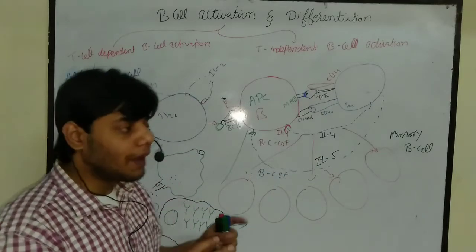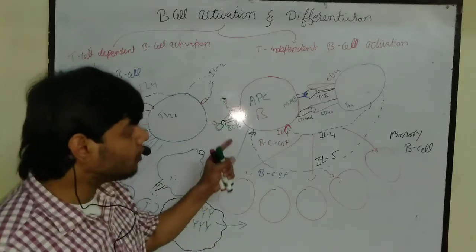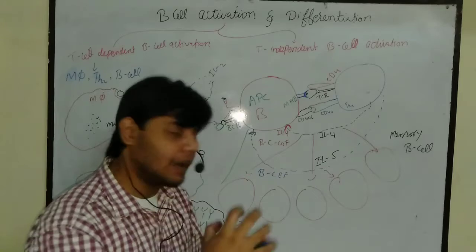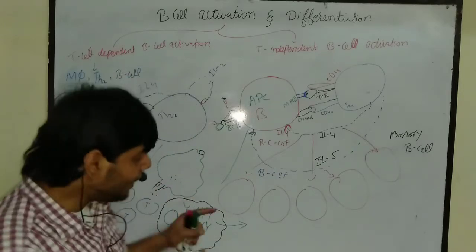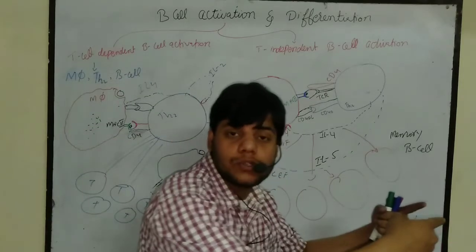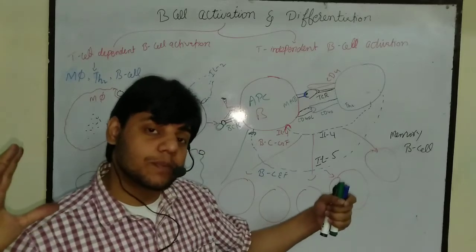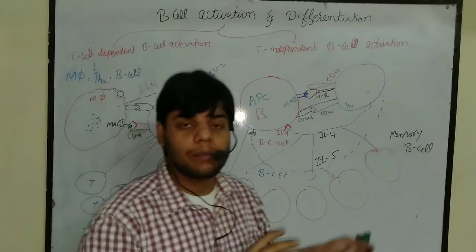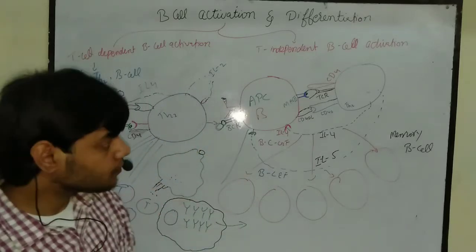Sometimes these cells fail to engulf the microbes, so the antibody will bind on the microbes, due to which the neutrophil and antigen presenting cell will easily engulf it. This is how antibodies are very important.